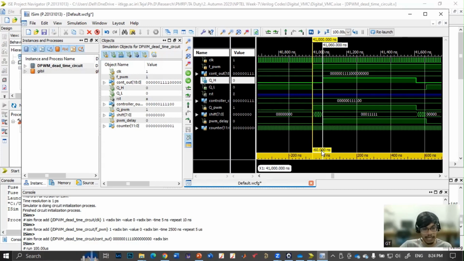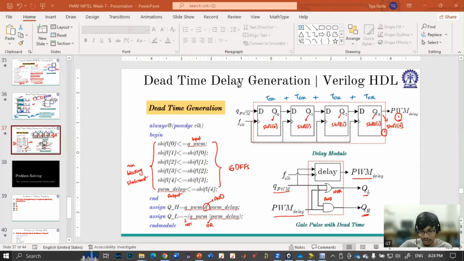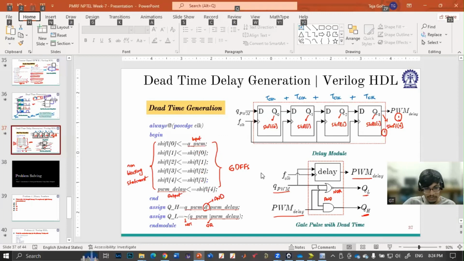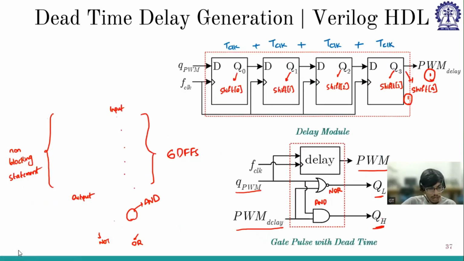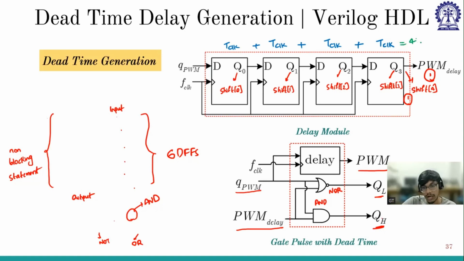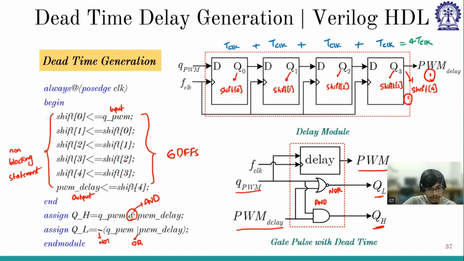So how am I getting 60 nanosecond difference? If you try to understand, here I have pointed out that these flip-flops make 6 T clock. Here we have 6 D flip-flops, which means 6 T clock. T clock means 10 nanoseconds because 100 megahertz.